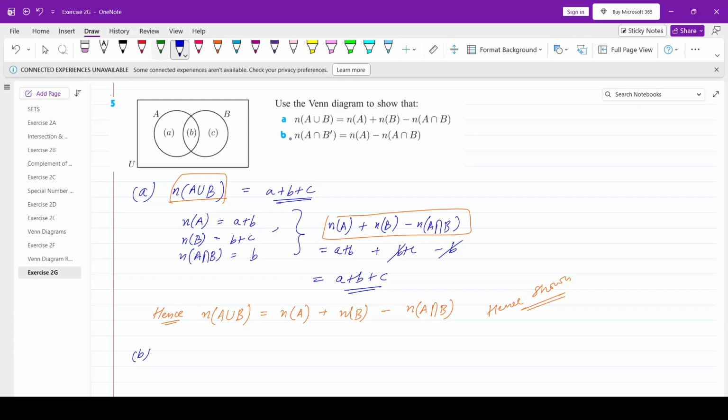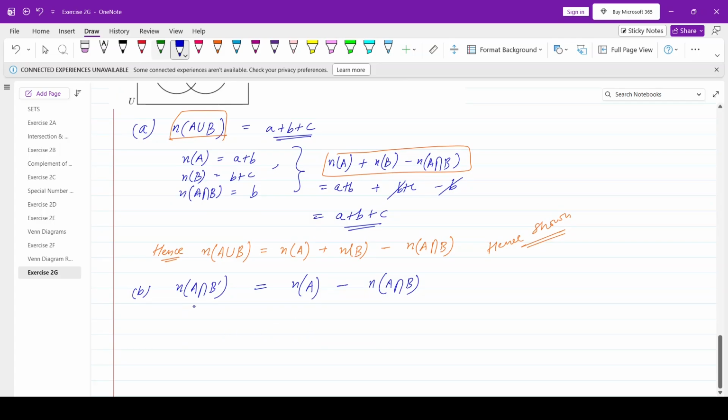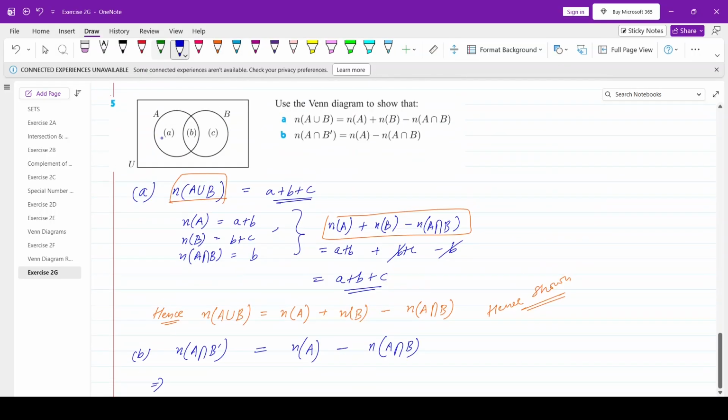Section B. The number of elements in A intersection B prime, that is the number of elements in A but not B, is equal to the number of elements in A minus the number of elements in A intersection B. So if we calculate these terms individually, we know the number of elements in A but not B will be a, small a.